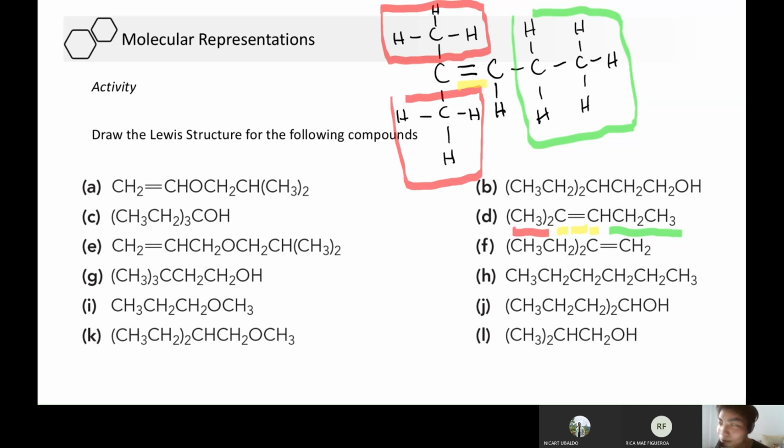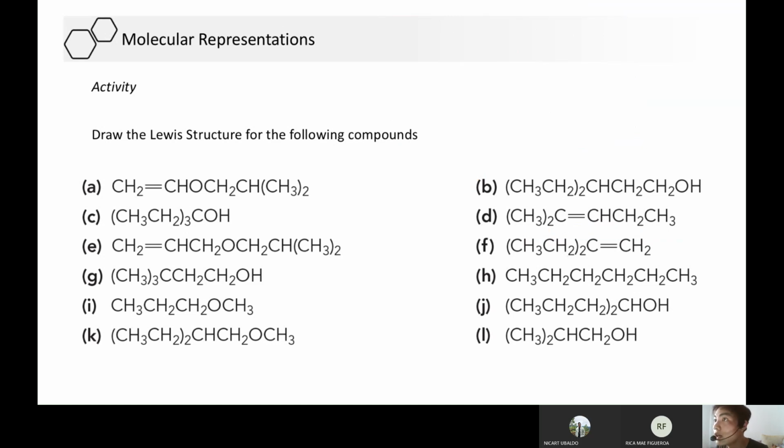Sige. So, let's start with letter E. E and F na lang sasagutan ko, tapos kayo na bahala sa G, H, I, J, K, L. Okay, so letter G. Ano meron sa letter G? May tatlong CH3. Ito yung carbon na dudugtungan ng tatlong CH3. First CH3. Second CH3.